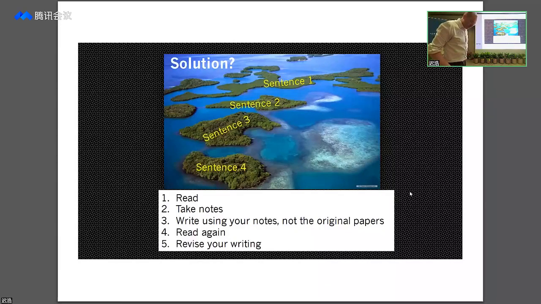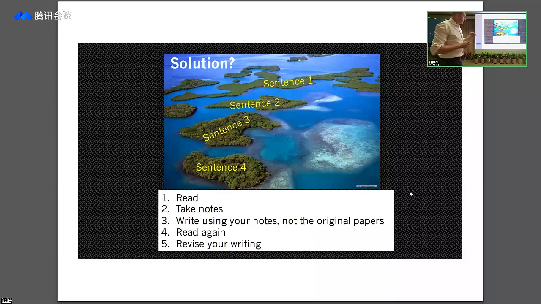So here's a solution to this problem, and I want you to test this out. I want you to read all your papers. But while you read, I would like you to take notes. And when you start writing your paper, I don't want you to go back to the original sentences.